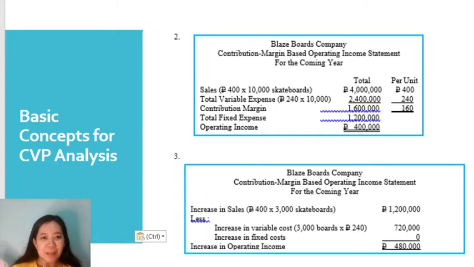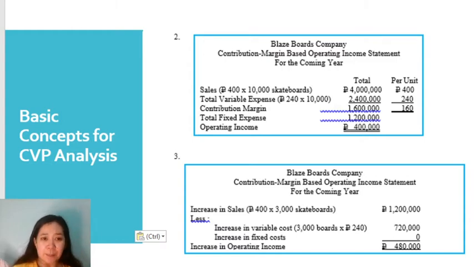Here, the format, of course, is very important. Part of the report is your heading, which will include the name of the company, the name of the report, and the period covered. If you could notice in the format, we reflected the total amounts and the per unit value.